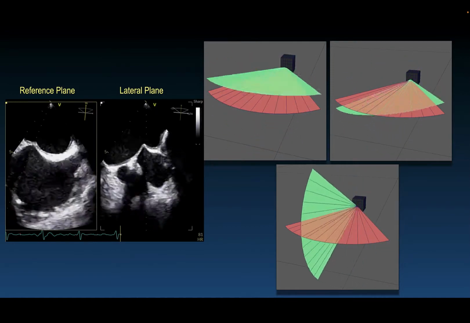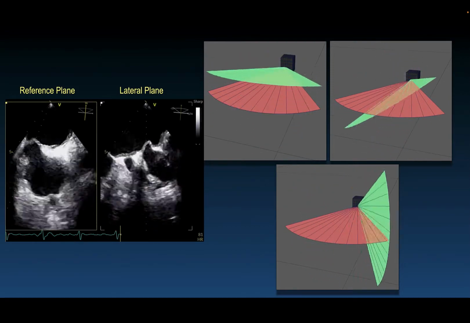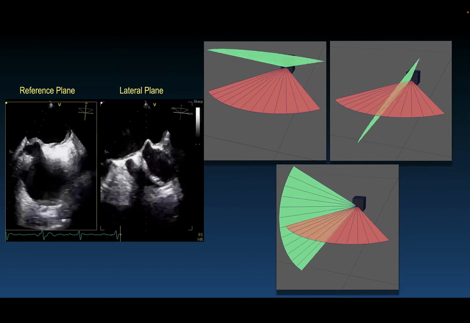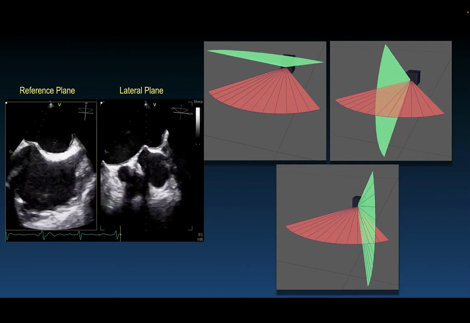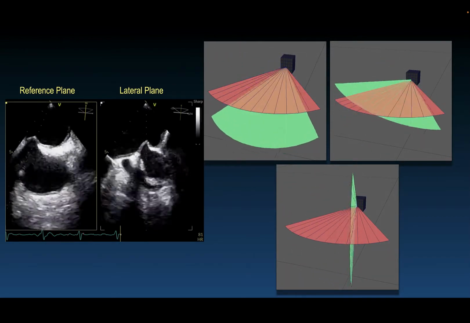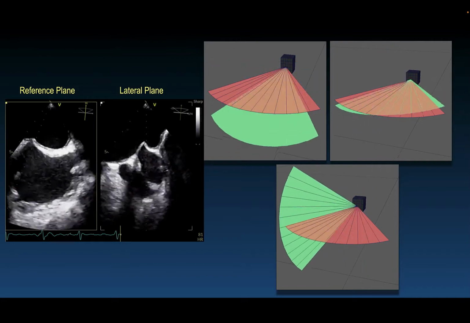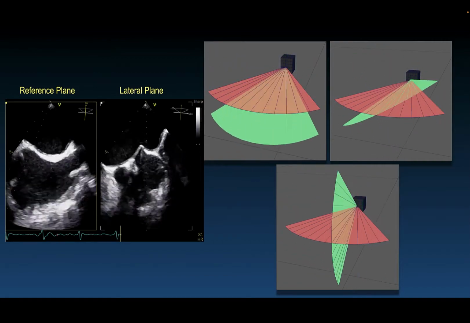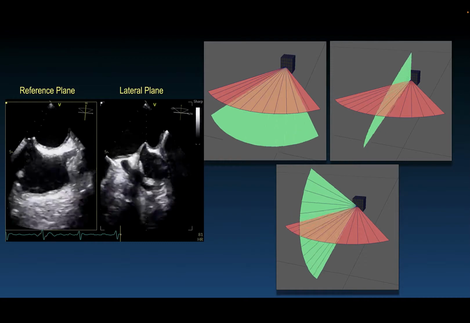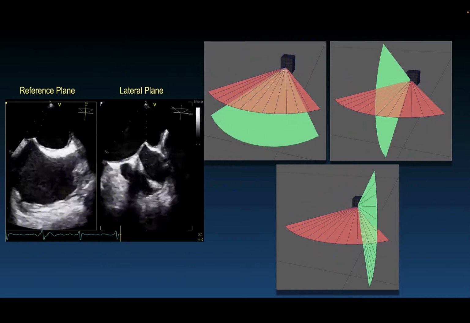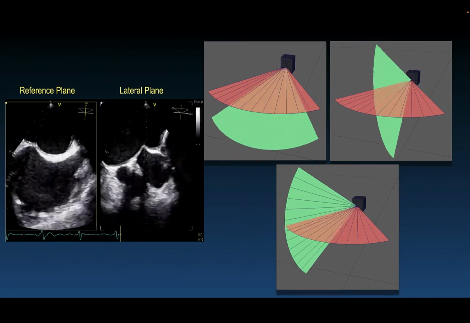And as well, it's very much dependent on how your proceduralist likes to view the images. I know our proceduralist often likes single images, and will just ask for a bicaval or short axis or four-chamber view, and he does not like looking at simultaneous orthogonal plane imaging.